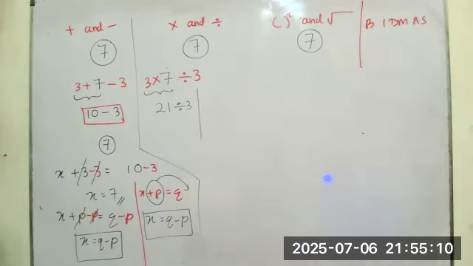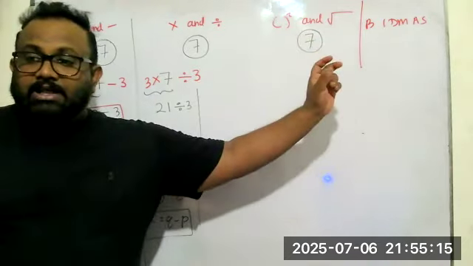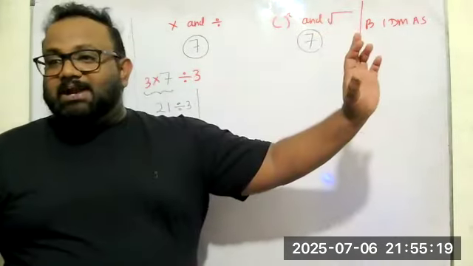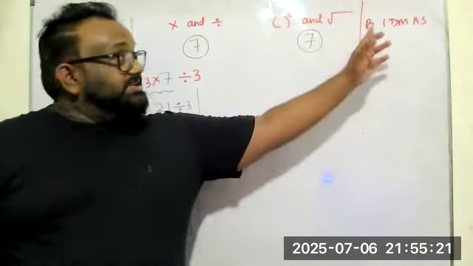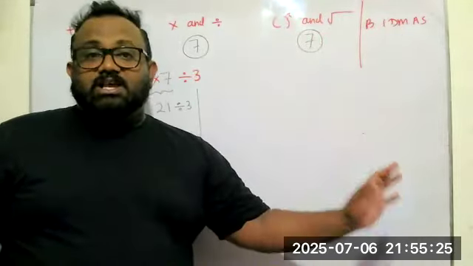Wait, sir, division comes first, right? No. In BIDMAS, DM does not say that it is division and then multiplication. Addition and subtraction does not say first do addition, then do subtraction.